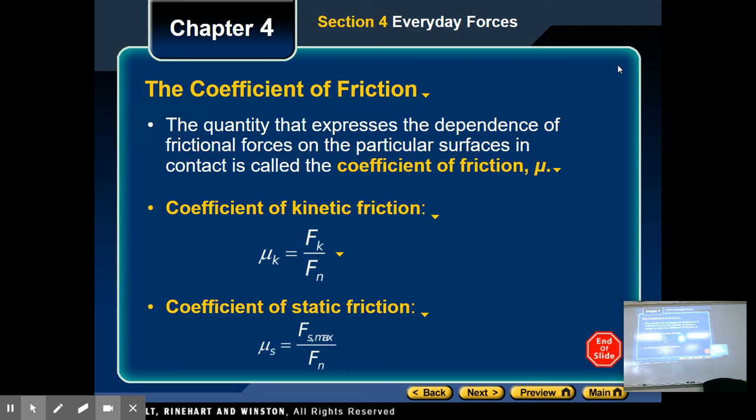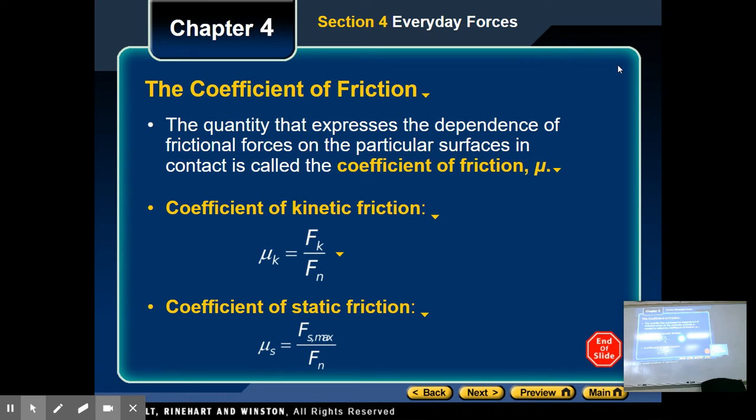Okay, so two formulas here. To solve for mu k, which do you think that one is? Well, it already says, it's the coefficient of kinetic friction, where you take the kinetic friction and divide it by the normal force. For the coefficient of static friction, you have mu s. You take the max static friction force and divide it by the normal force.